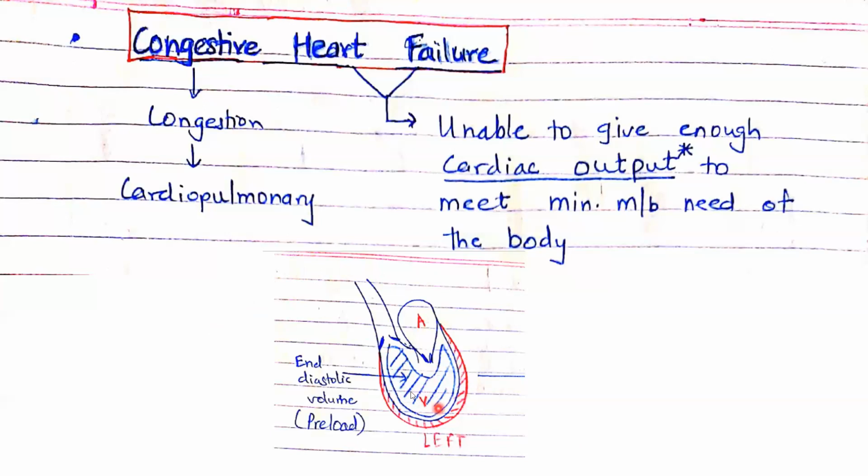The fraction of volume which is present in the ventricle at the end of the diastole is called preload. This total volume is called preload, and the fraction ejected out is called ejection fraction or stroke volume. So this is your normal functioning of the heart.